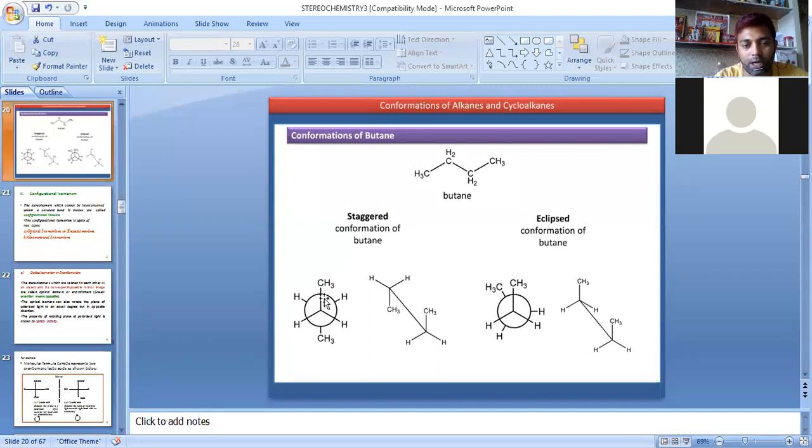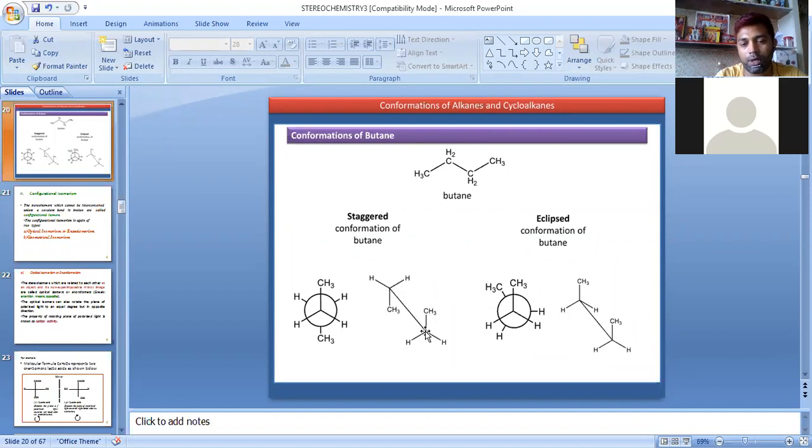And these two methyl groups, these two bulky groups, are 180 degree apart. Understood? So this is staggered conformation. Similarly, you see here in Sawhorse projection, one is the back carbon. It is Y-shaped, and the methyl group is present at the bottom.